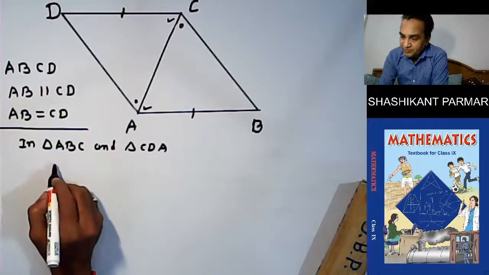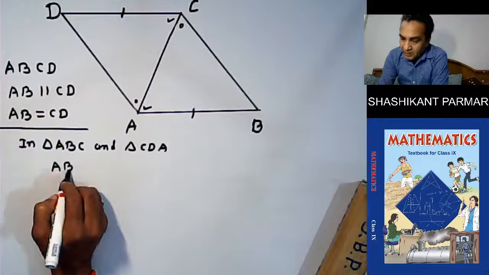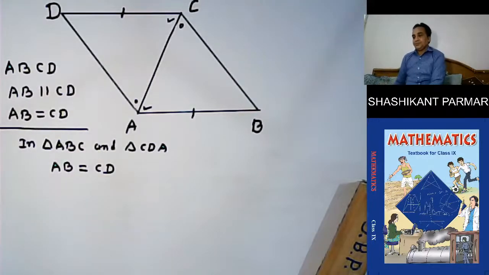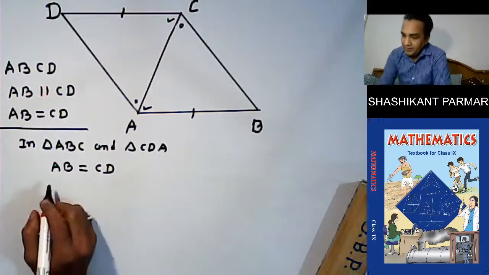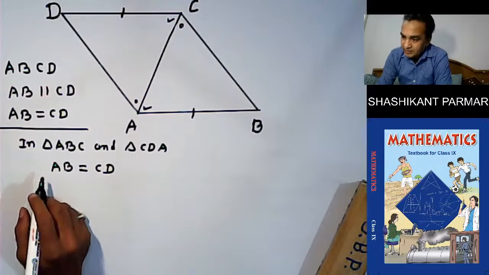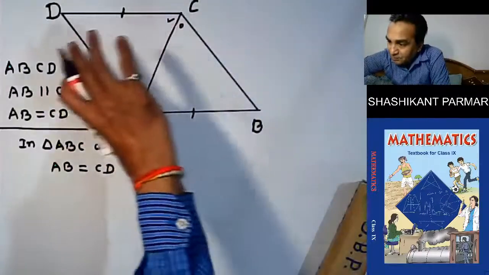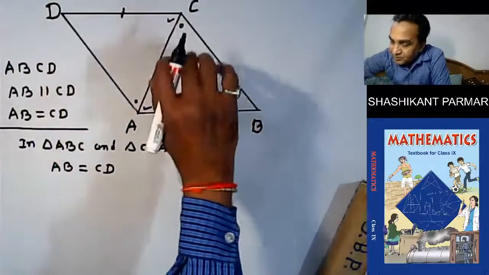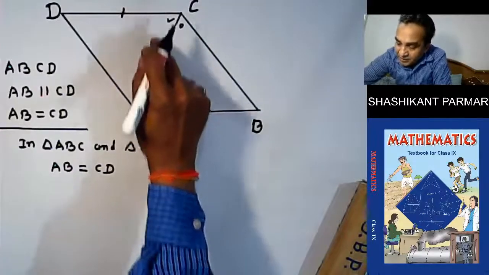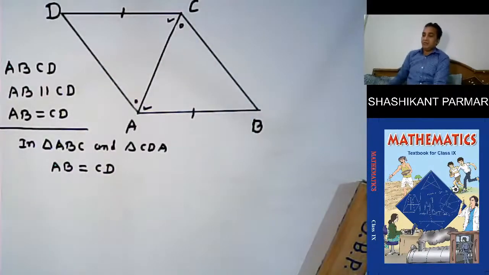What is given? AB is equal to CD. Then these two are parallel. Okay. So this angle and this angle, the interior alternate angles, are equal.